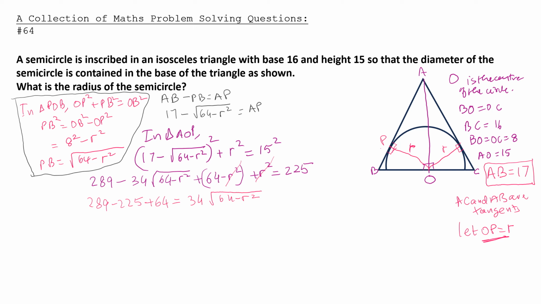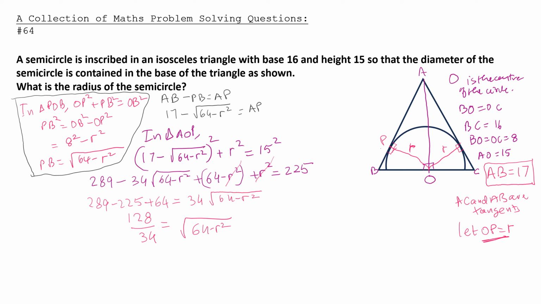So I get 128 divided by 34 equals square root of 64 minus r square. Now if I do squaring both sides, then I should be able to make some progress.